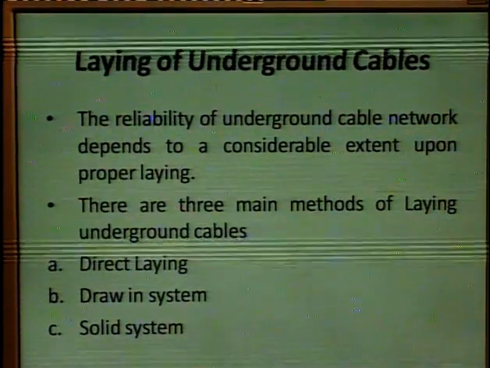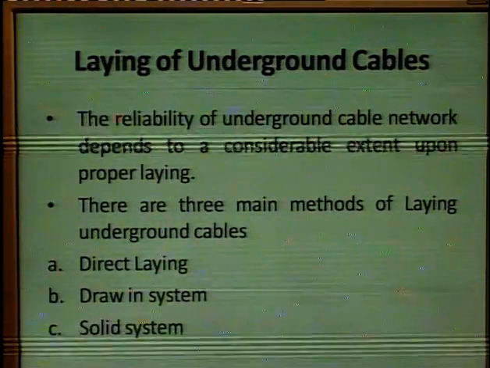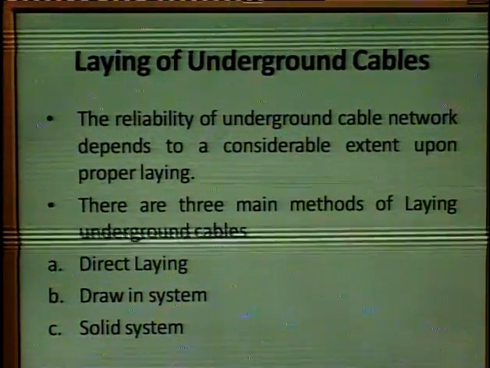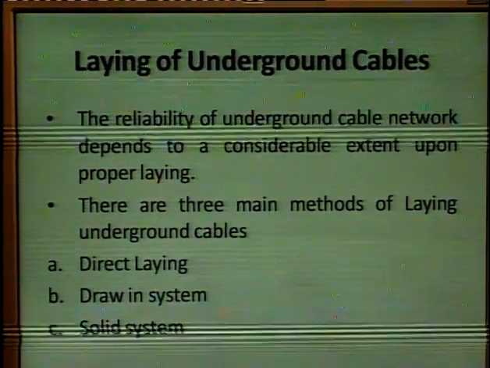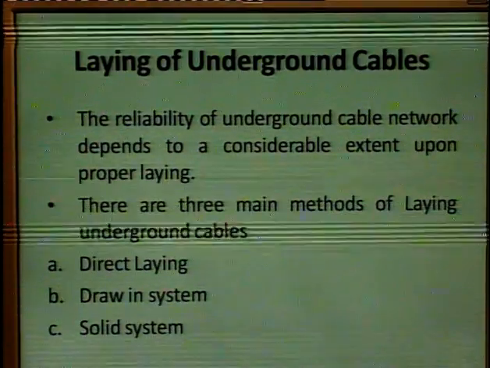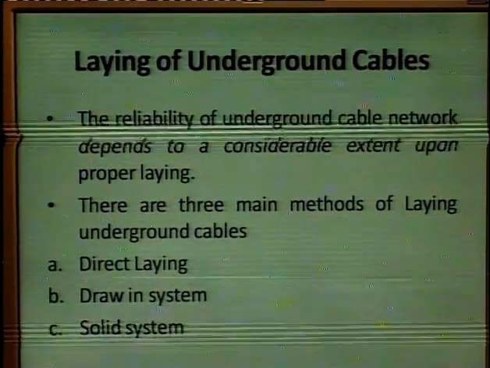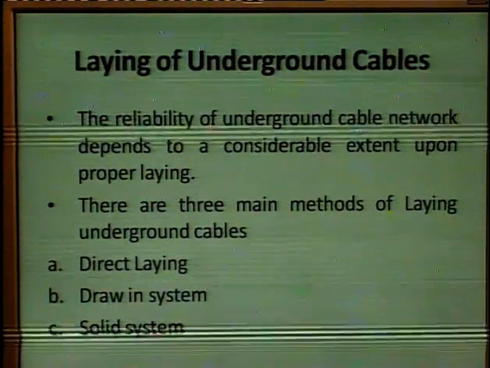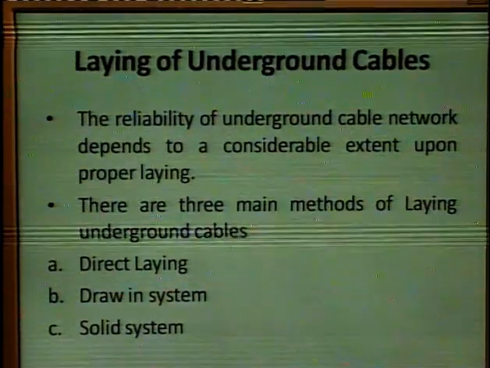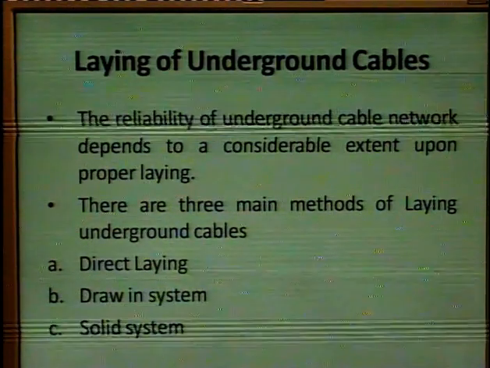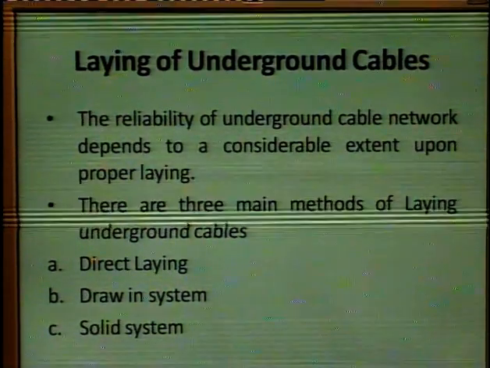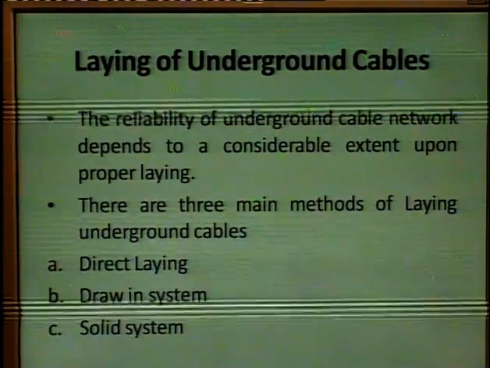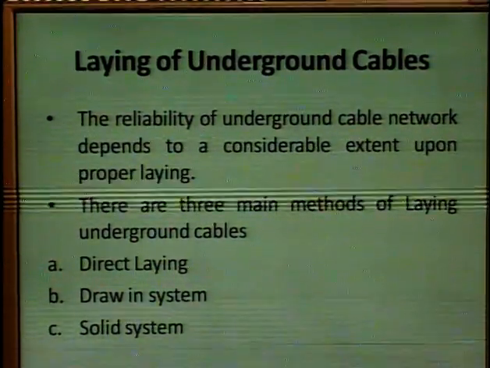Next we have the laying of the underground cables, which is a very important part. The reliability of the underground cable network depends to a considerable extent upon the proper laying. Then we have the three main methods of laying the underground cables.